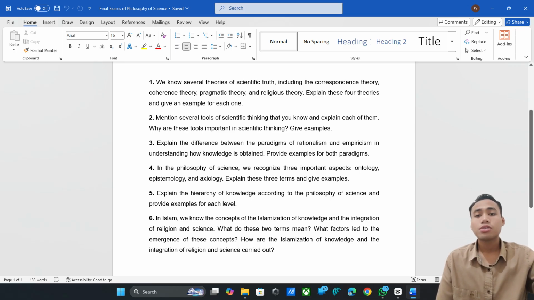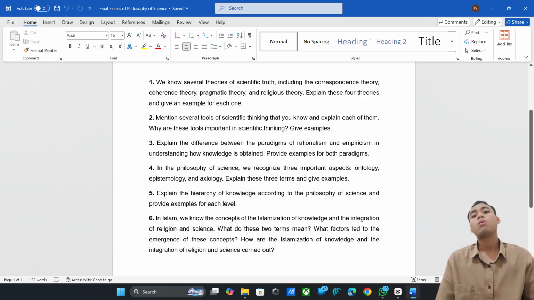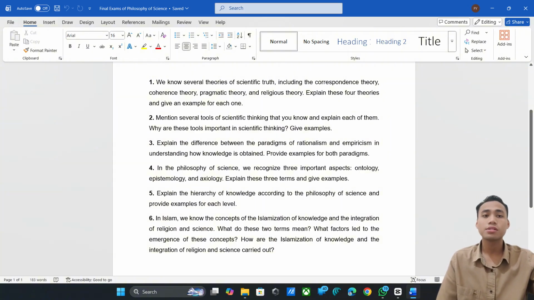So there are four theories of truth. The correspondence theory says a statement is true if it matches reality. For example, water boils at 100 degrees Celsius matches real facts. And the coherence theory says truth must be consistent with other statements in a logical system, like mathematics is a good example for this theory.